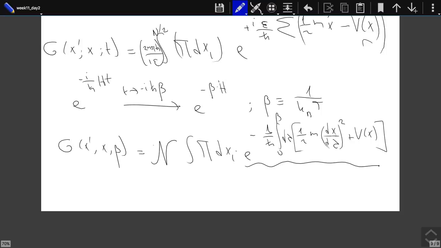But we also said that we can write this not as an integral over the xi's, but just as a summation over all possible paths. So we can just find the paths that have the most contribution. This is our energy functional.